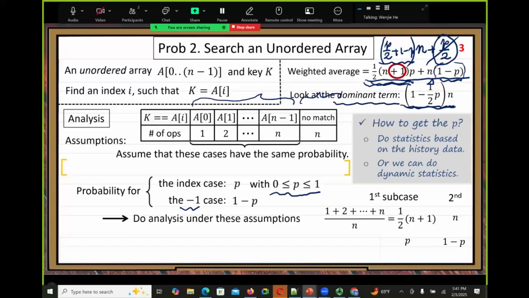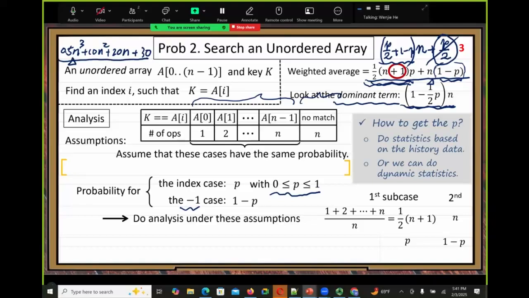Let me give you a concrete example. Suppose we have this formula: 0.5 n cubed, plus 10n squared, plus 20n, plus 30. Now, the first term is the leading term, right?